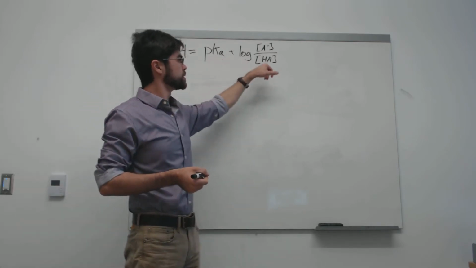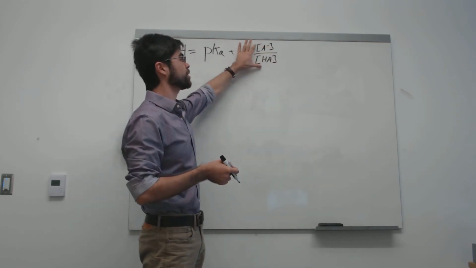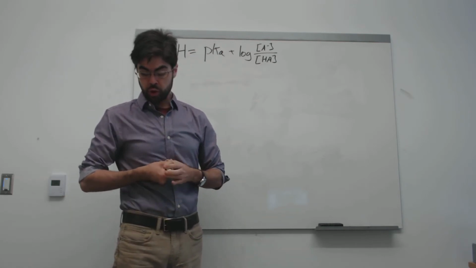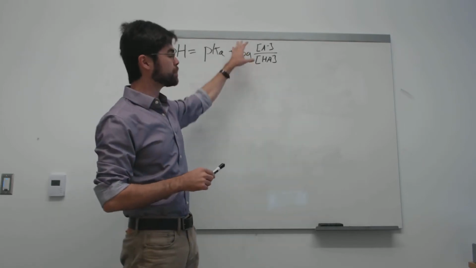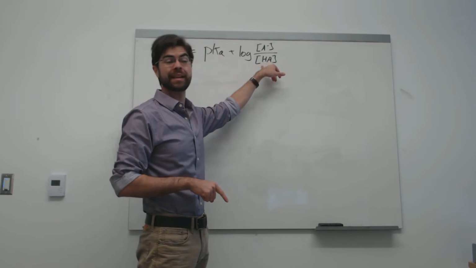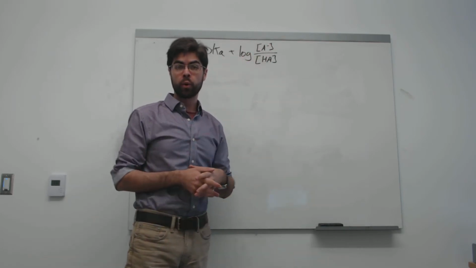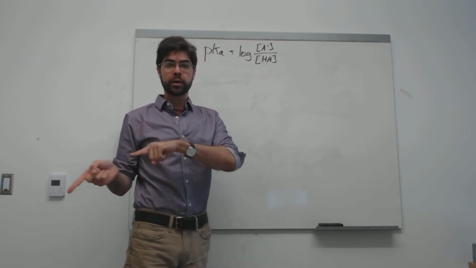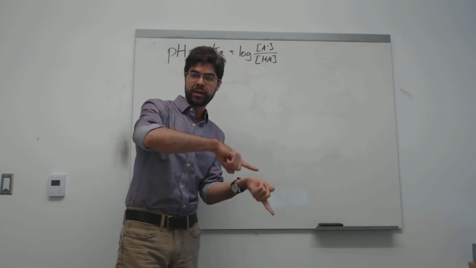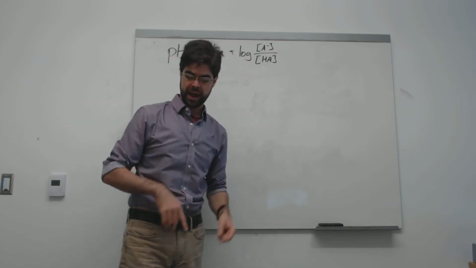So that's a constant, but these concentrations can change. And if their concentration changes, then the pH changes. So the way you can upset that balance is to either directly add more weak acid, directly add more weak base, or convert weak acid into base, or convert weak base into acid by adding bases or acids.